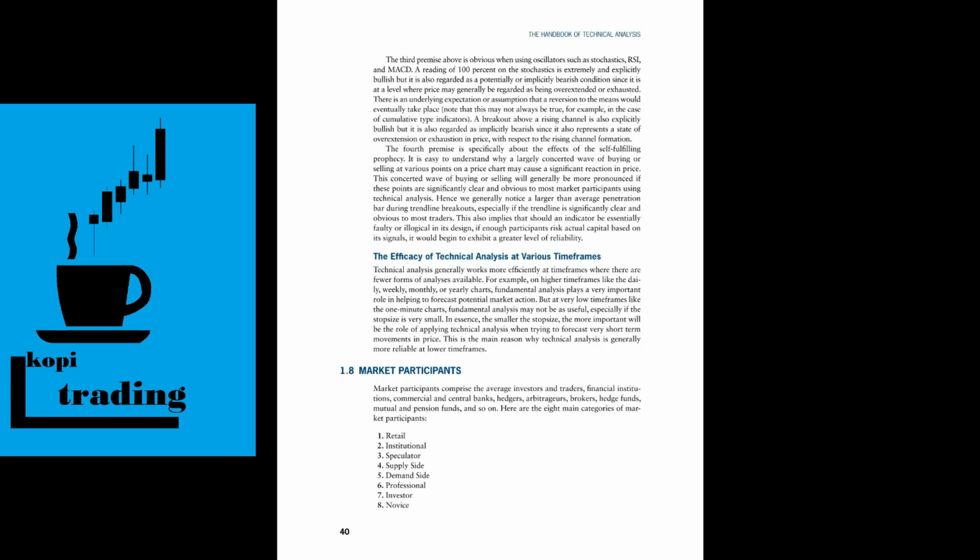The third premise above is obvious when using oscillators such as stochastics, RSI, and MACD. A reading of 100% on the stochastics is extremely and explicitly bullish, but it is also regarded as a potentially or implicitly bearish condition since it is at a level where price may generally be regarded as being overextended or exhausted.